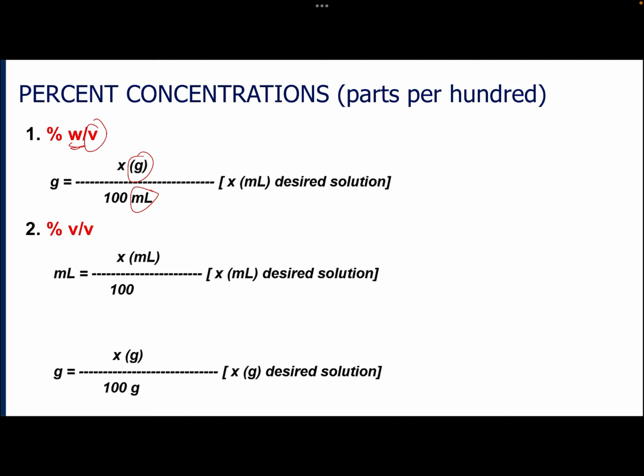The second one, we have the percent volume over volume, ml here and ml there. And for third, we have percent weight over weight, gram here and gram below. Again, these formulas can be used if the given is a percent, to solve for how much solute we need to have that specific concentration.